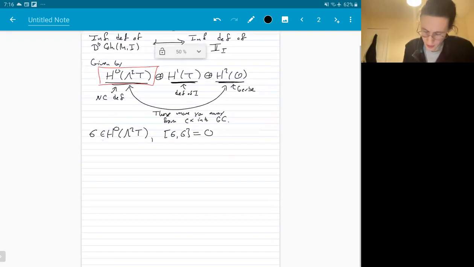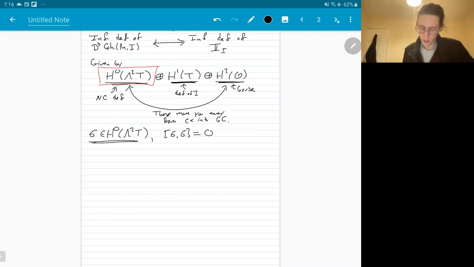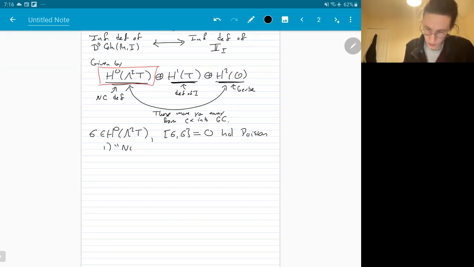So what I was saying is that if you take a Poisson structure, a holomorphic Poisson structure, then on the one hand, it should give you a non-commutative deformation of the category of coherent sheaves.